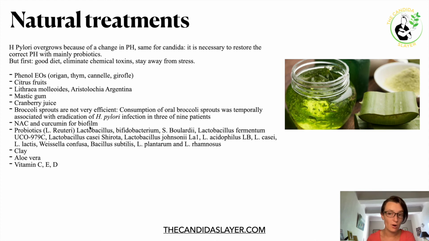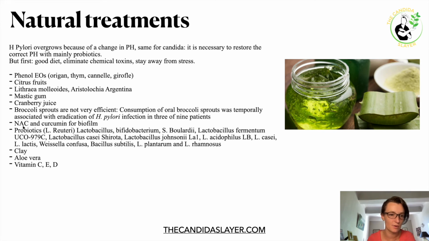And when you take herbs to lower the population of candida, you need to take biofilm breakers because candida will hide under biofilms to protect itself from these herbs. So you need to take the antimicrobial, antifungal herbs to get rid of candida, and to take biofilm busters. So it's the same story for H. pylori. You need to take biofilm busters if you want to get rid of H. pylori with these other natural remedies that we are talking about.